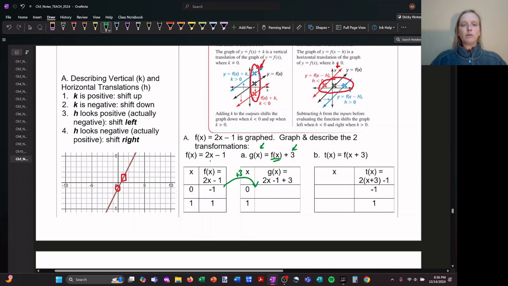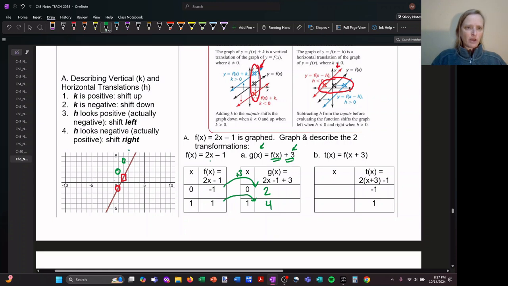So before, an input of 0 gave me an output of -1, but now I'm going to take that -1 and add 3 more onto it because that's what the equation tells me to do. And that's going to give me an output value of 2. So this circle plotted point before is now going to be up here. If I do the same thing to my second point at 1, 1, I'm going to take that output value and add 3 to it, and that's going to give me an output value of 4. So my square point now gets graphed up here.